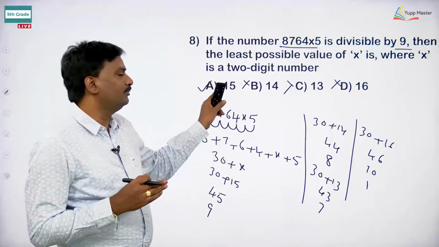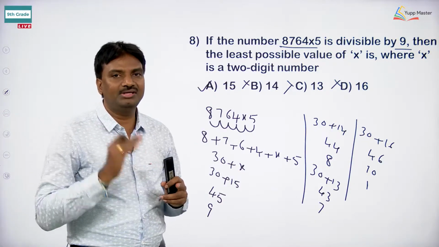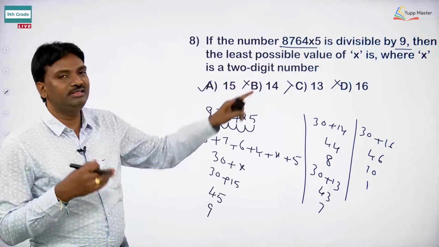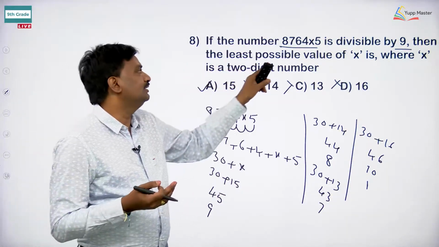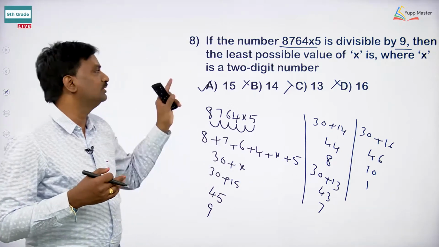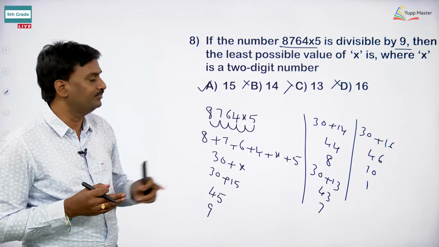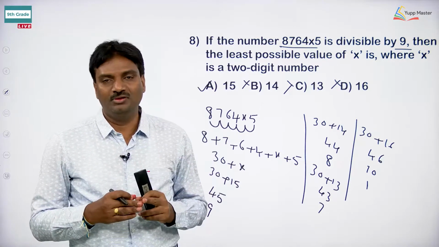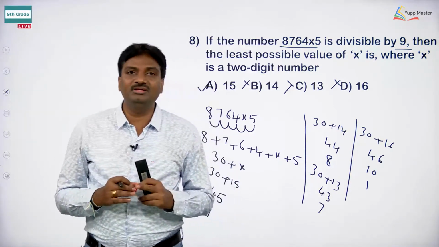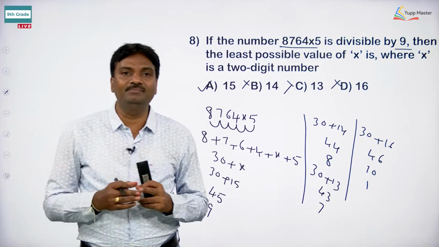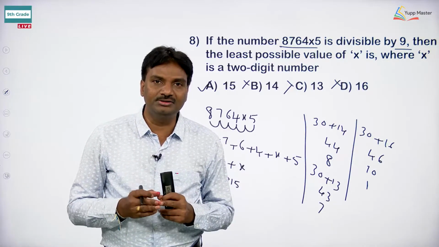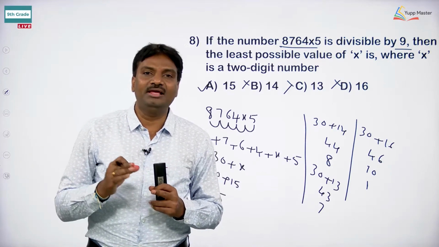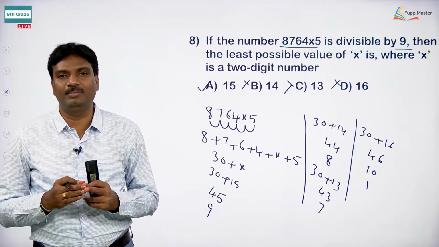So, for this problem we already got 15 as the correct option. If the number 8764x5 is divisible by 9, then the least possible value of x, where x is a 2-digit number. Recapping the divisibility rule of 9: if the sum of all the digits of the given number is divisible by 9, then the number is also divisible by 9.